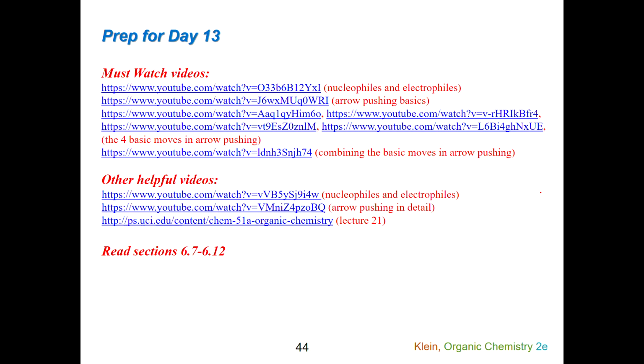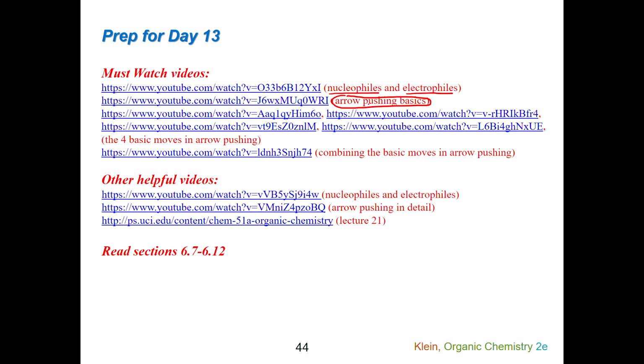And then on Tuesday, we're going to continue here with Chapter 6, and we're going to start to look at some specific examples of molecules that start to collide and form new bonds, and we're going to look at the mechanisms involved, and we're going to get back into arrow pushing, so that means there's going to be more assignments in the mechanisms app.